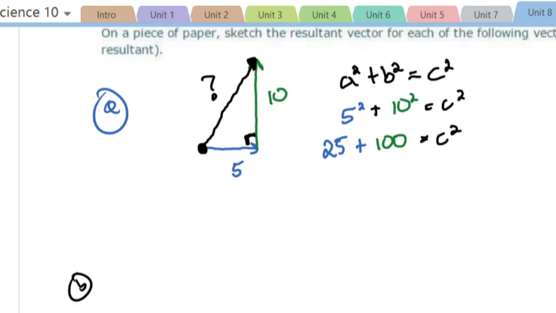Adding those together is going to be 125, which equals c squared. And in order to get just c, take the square root of both sides.